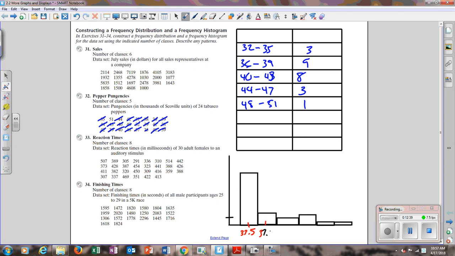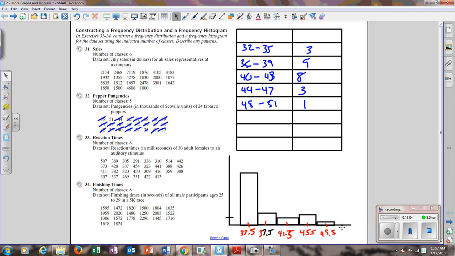So 37.5, 41.5, 45.5, 49.5. Then we don't have a 6th class.